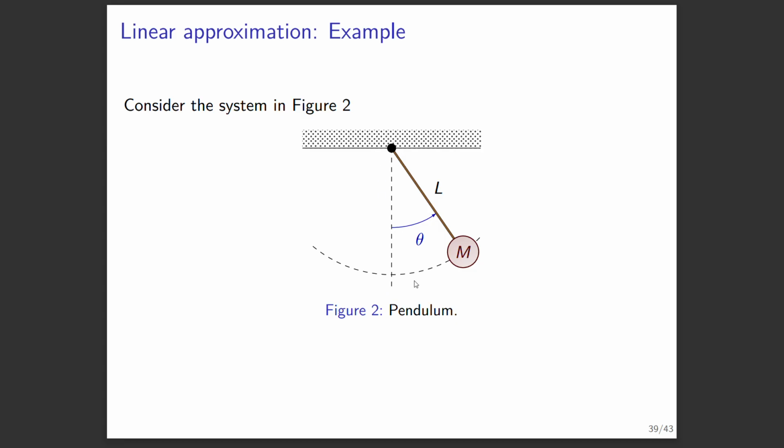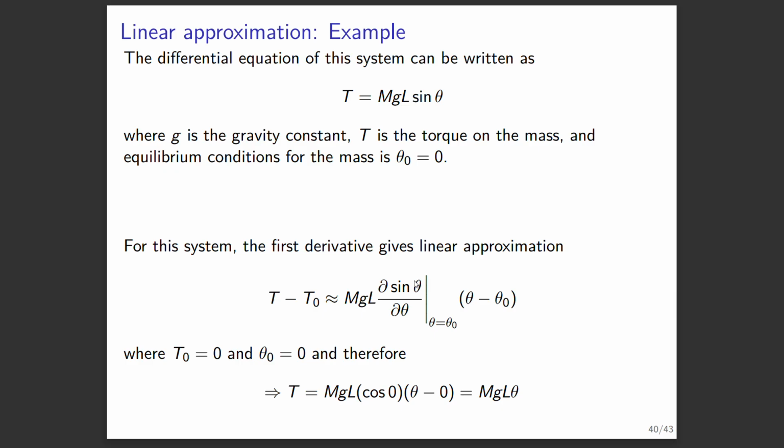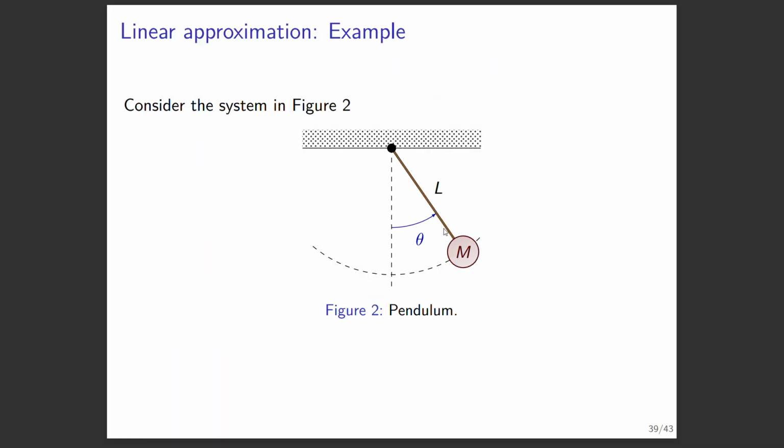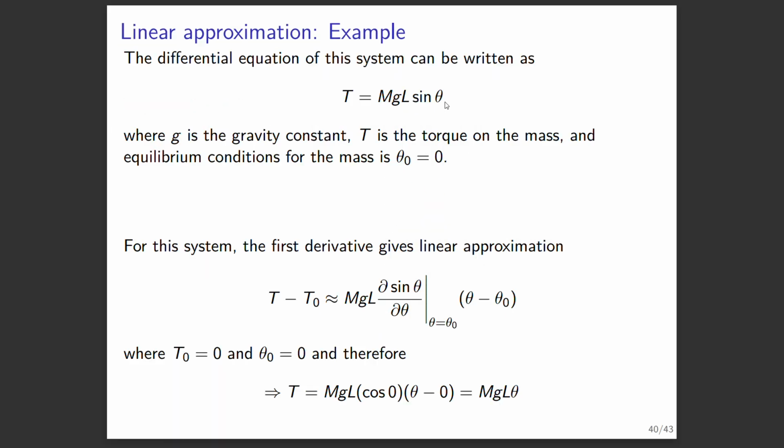So now let's see equations here. If I write the differential equation of this system, I have T equals m times g times L times sine of theta. M is mass, g is gravity, L is the length of the pendulum here, theta is the displacement, and T is the torque, okay? And we are interested in theta 0, which is equal to 0.